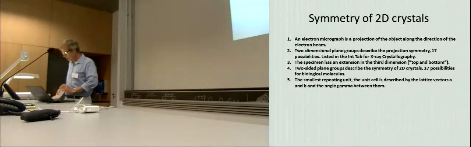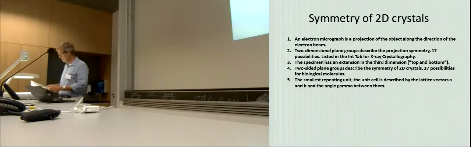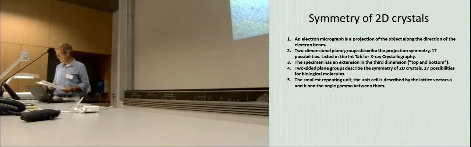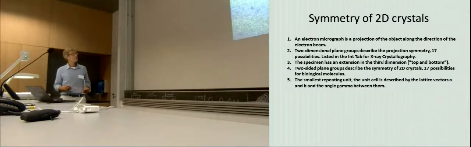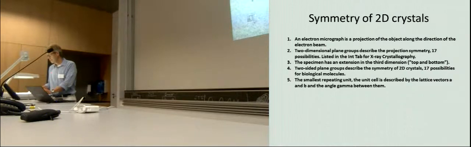And I also have 3 other overheads which show something that you have encountered and which you also will do in the exercises, that is finding the lattices. And in this case, there are also 2 lattices, so we can find 1 lattice here.